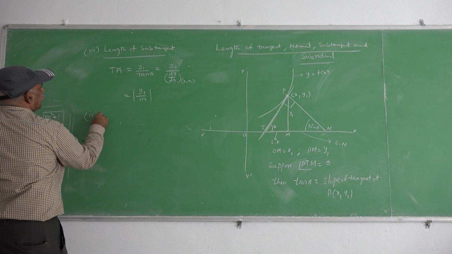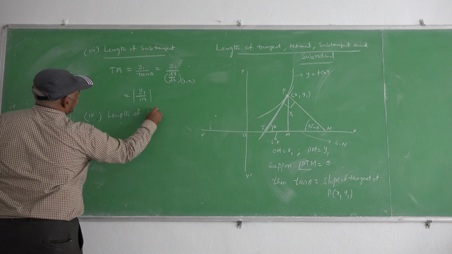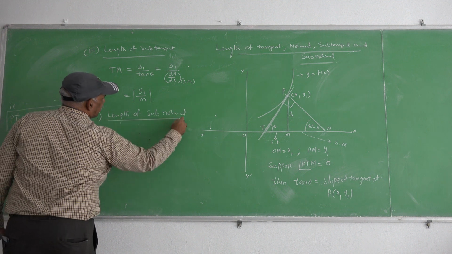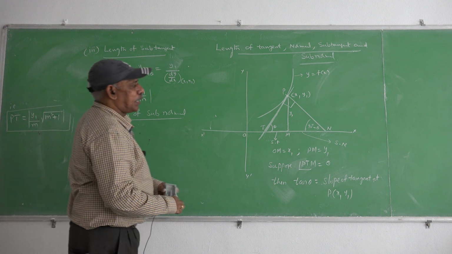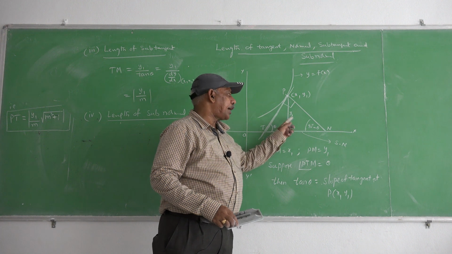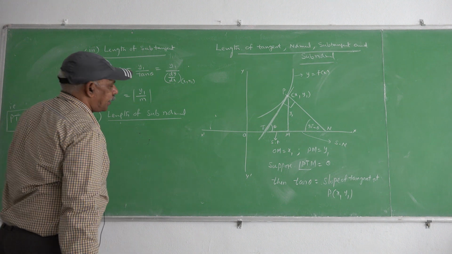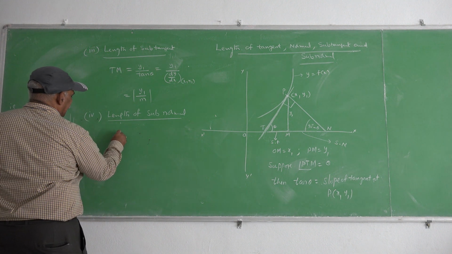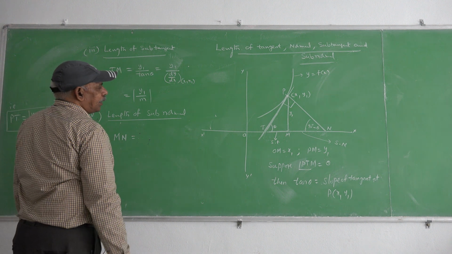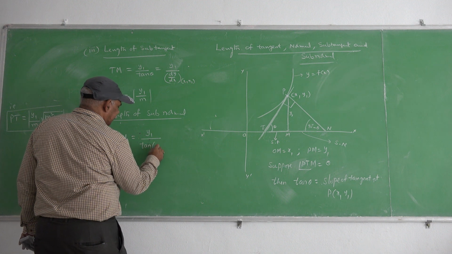Similarly, the length of the subnormal. From this triangle, taking the ratio of PM and MN, MN is given by y1 by tan of 90 minus theta.